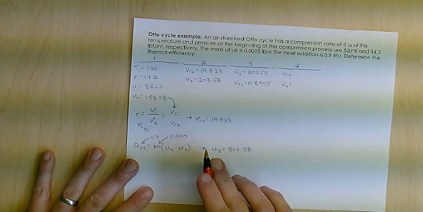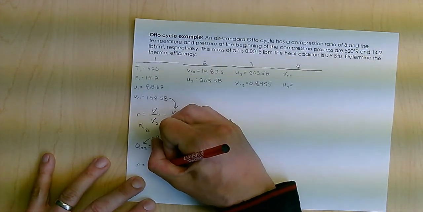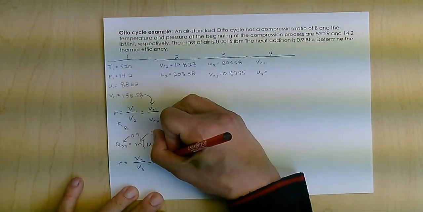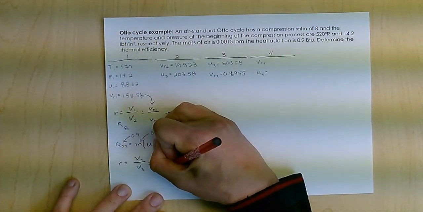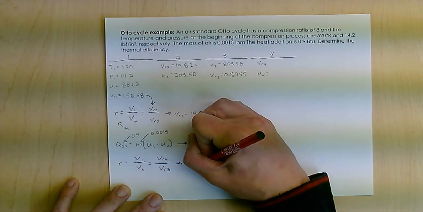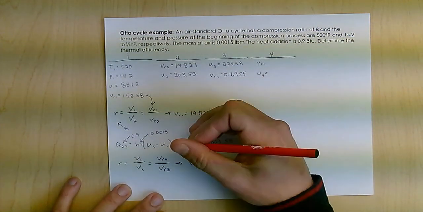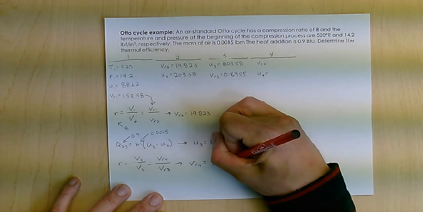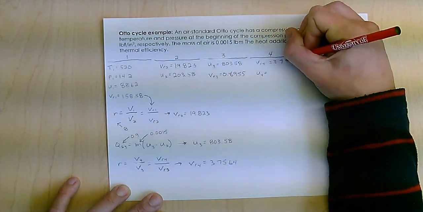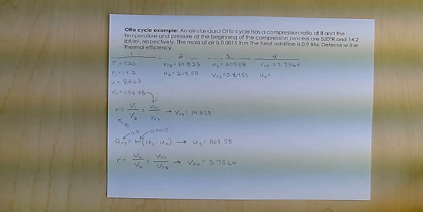Then knowing that my R is V4 over V3 by definition of my compression ratio, therefore it's VR4 over VR3. So I can then calculate VR4 to be 3.7564. Now that I have that relative volume, I can go look up the U value.